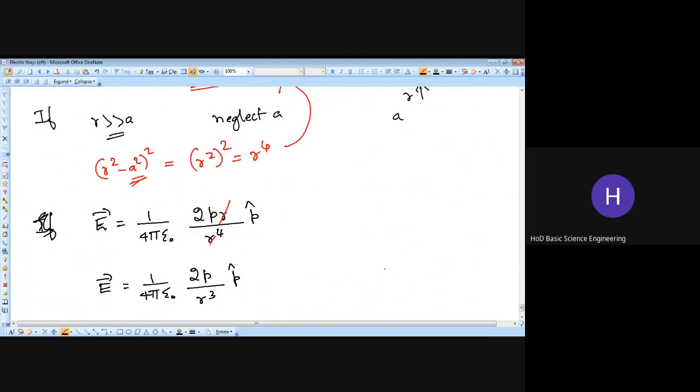Now you may know the unit vector. A unit vector can be written as vector A divided by magnitude of vector A, right? This is how we write a unit vector.